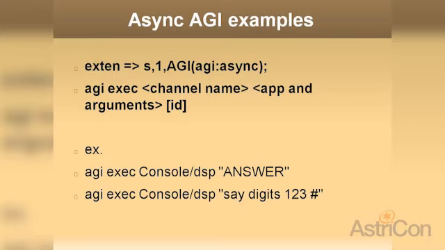Based on that, Asterisk answered my channel, then I'm doing a SayDigits 1, 2, 3 on that channel. All this was typed manually in the CLI. So that could be useful sometimes to do some dynamic stuff. If you want, it's possible to do. To be honest, I'm not a big fan of async. I prefer synchronous because it leaves me perfect control of my system.